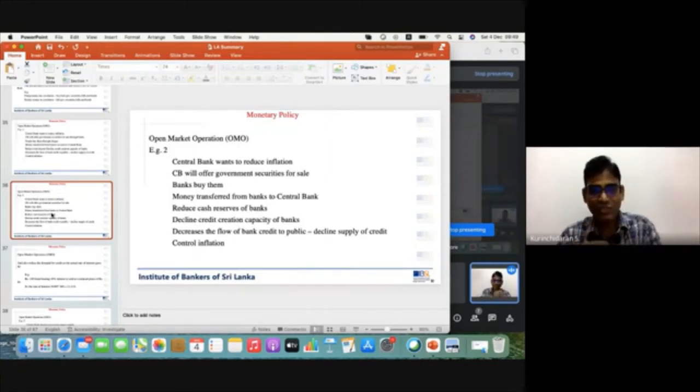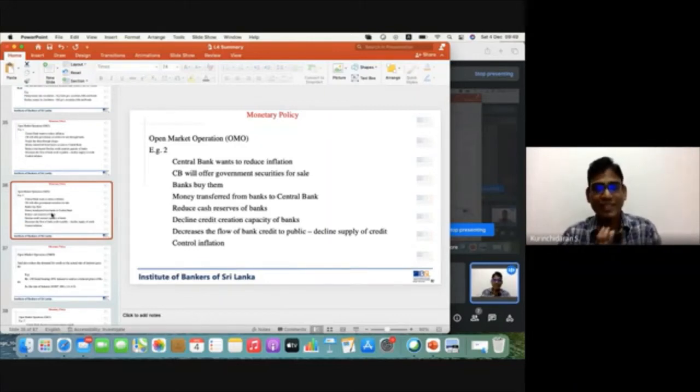When they transfer money to the central bank, their reserve account is deducted. If the reserve account reduces, they cannot do credit creation because they have no reserve. So that means no deposits. They don't do credit creation or deposit creation, right?